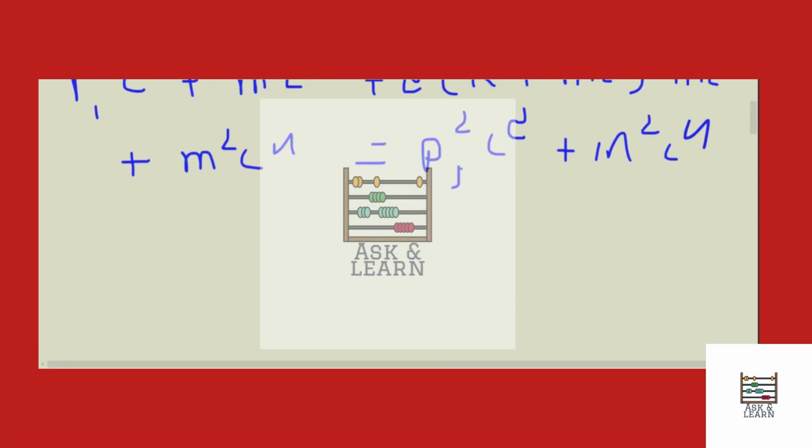By conservation of momentum, we can write Pi is equal to Pf. It means initial momentum is equal to final momentum.